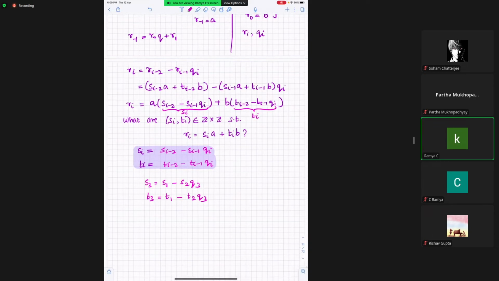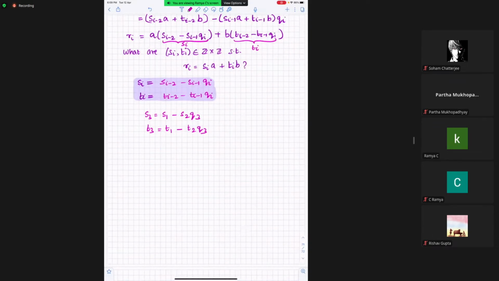How do you compute S1? In the first step, you have to keep track of some S1 and T1, right? Only then can other steps use that S1 and T1. Now, what do we need to do to get the procedure right?